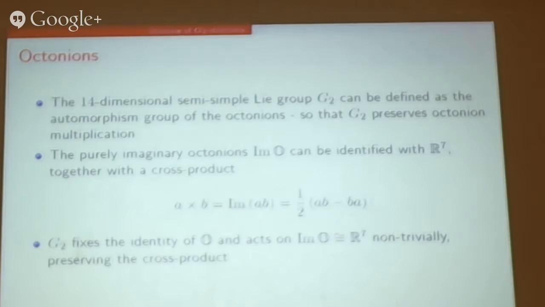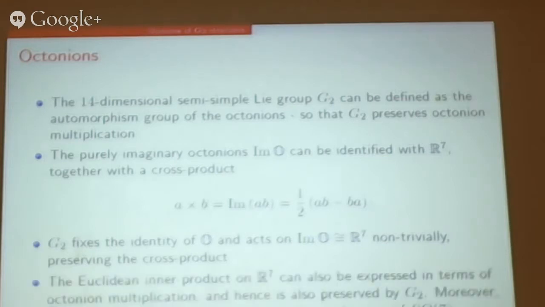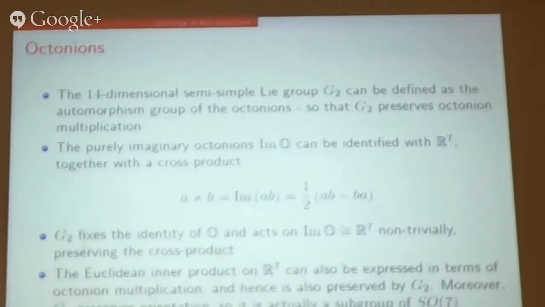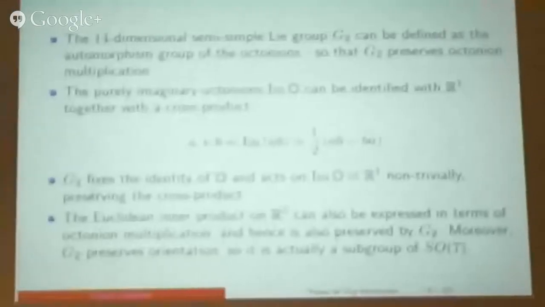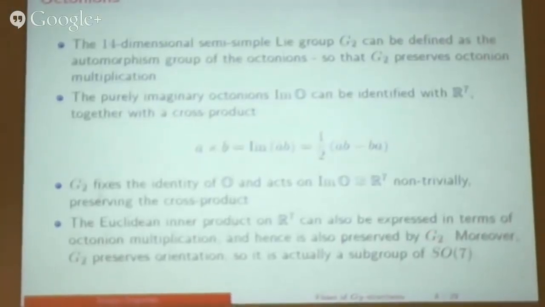Well, and the group G2 preserves this multiplication. So it fixes the real part of the octonions, and it acts on the imaginary part, so on R7, in a non-trivial way. And it also preserves the cross product. And it can also be shown that the standard inner product or the dot product on R7 is expressible in terms of octonion multiplication and is also preserved by G2.